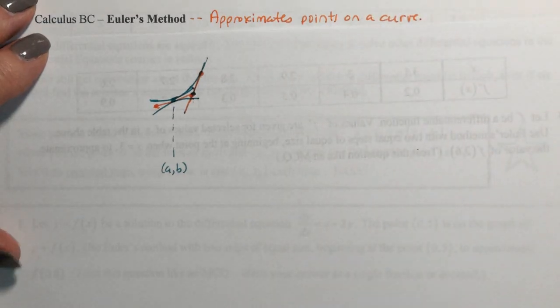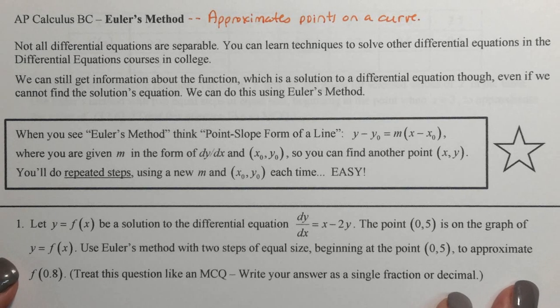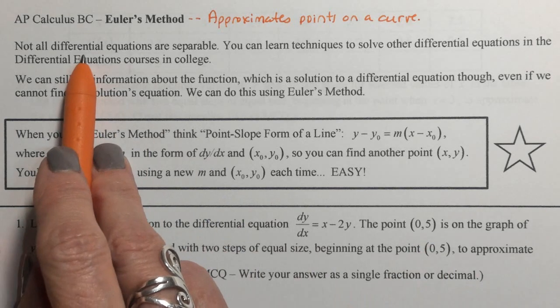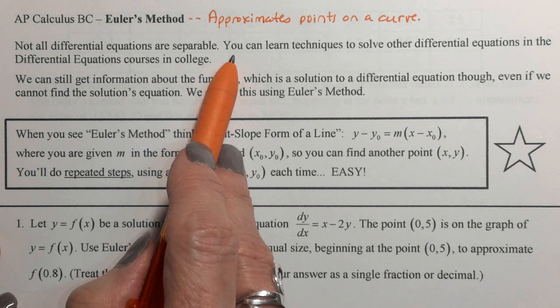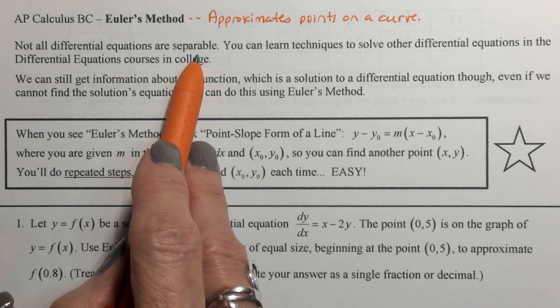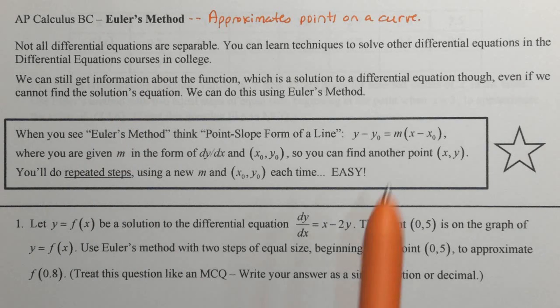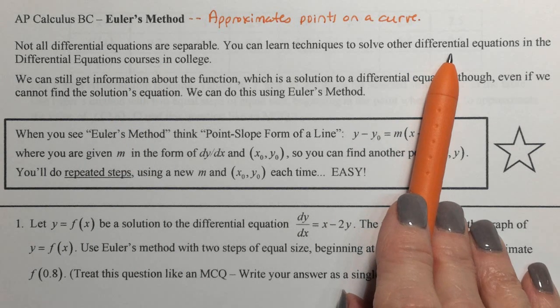All right? So Euler's method is most useful when our differential equation is not separable. Okay? There are many, many differential equations that are not separable. Some of them we learn techniques to solve in differential equations.